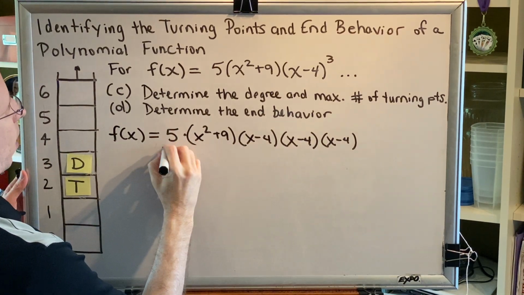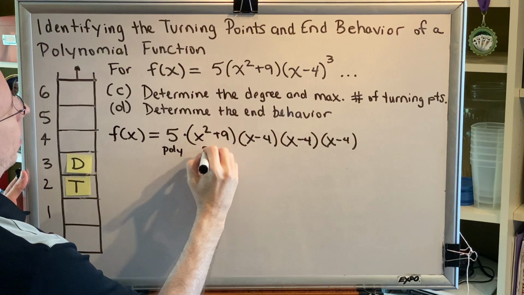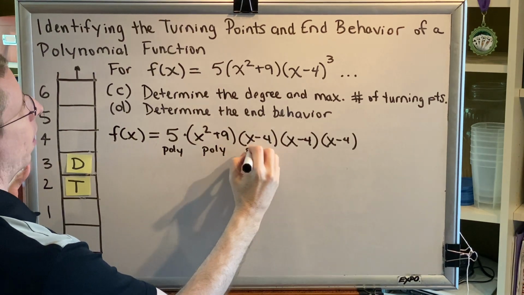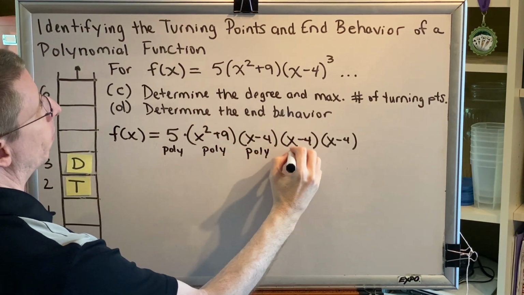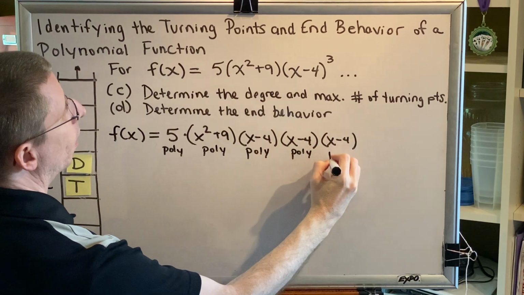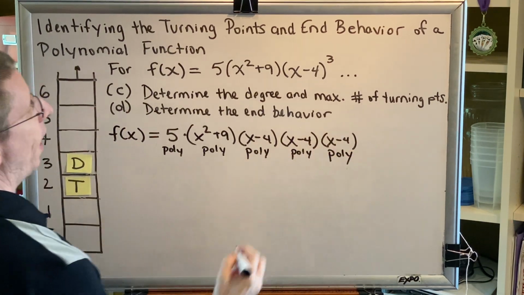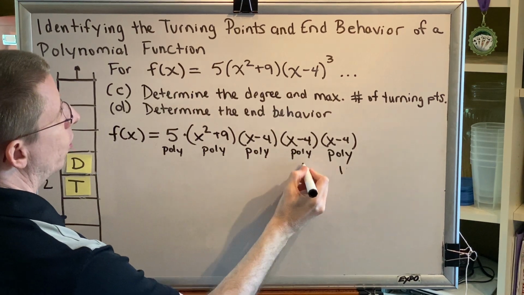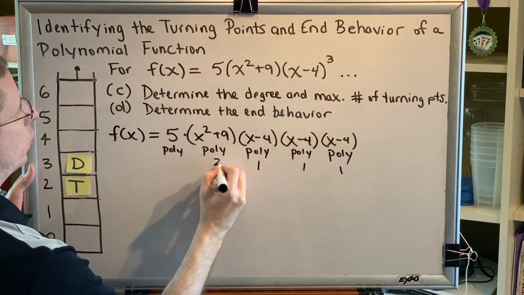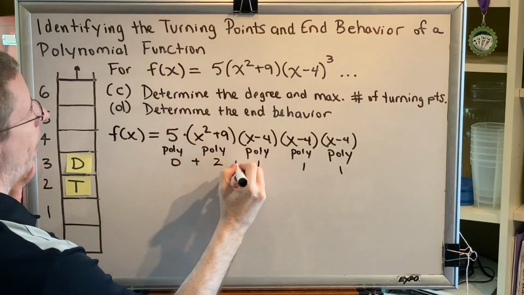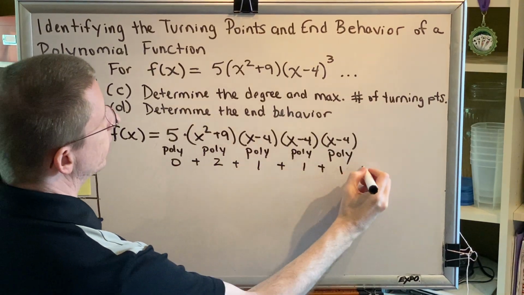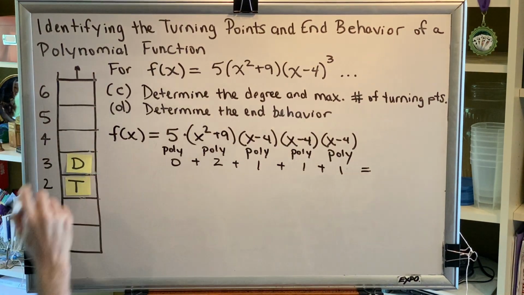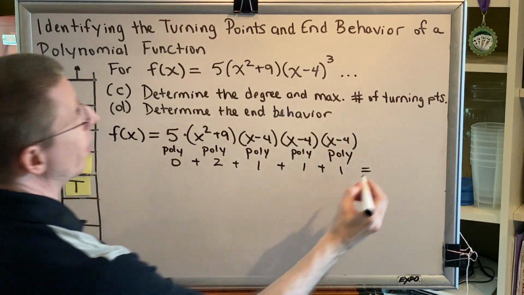So I can write poly, poly, poly, poly, poly, and the degree of each one can be written. So this is degree 1, 1, 1, 2, 0. And by adding up all of the degrees, it tells us that f of x is a polynomial of degree 5.